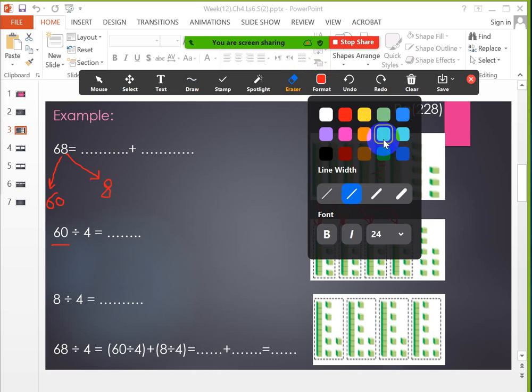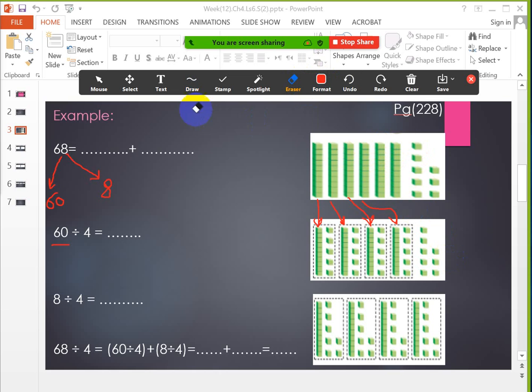Each one will be divided into how many small cubes? Who will know and take an extra mark? How many small cubes in one long? On the chat. How many small cubes in one long?